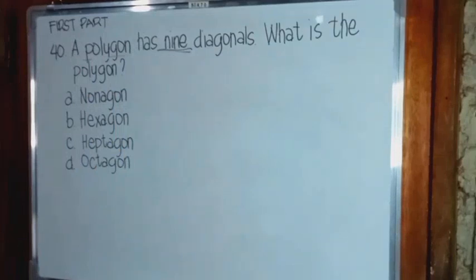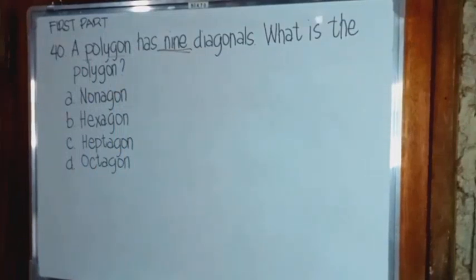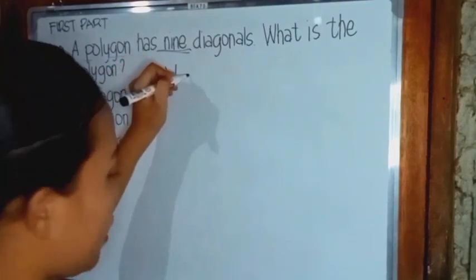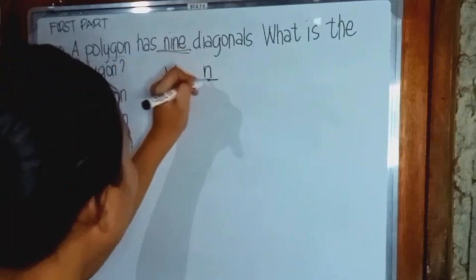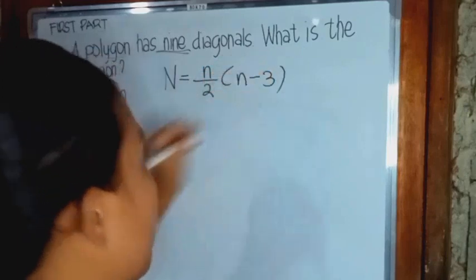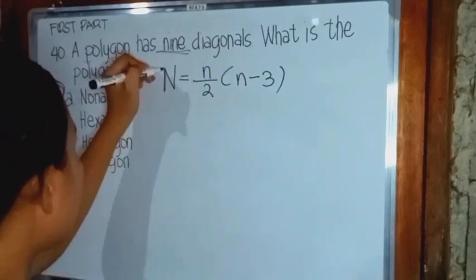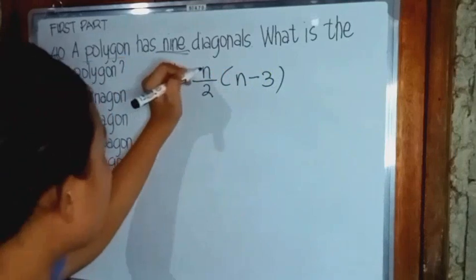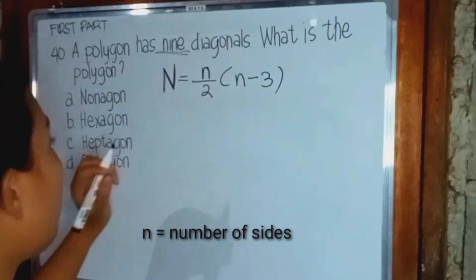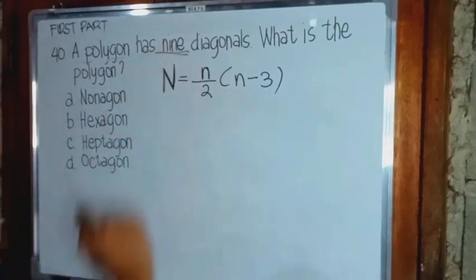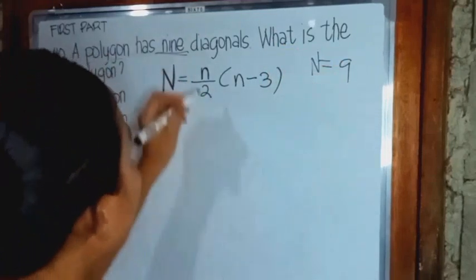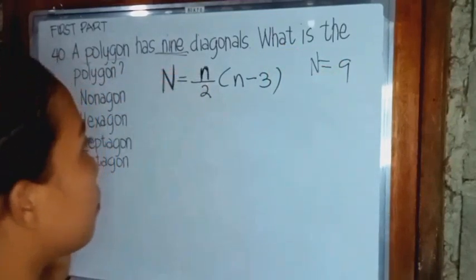In order to find the polygon, we can solve this through this formula: N is equal to n over 2 times the quantity n minus 3, where capital N is the number of diagonals and the small letter n is the number of sides of the polygon. So we have to substitute the given values, where N is 9, which is the diagonal, and n is the polygon.